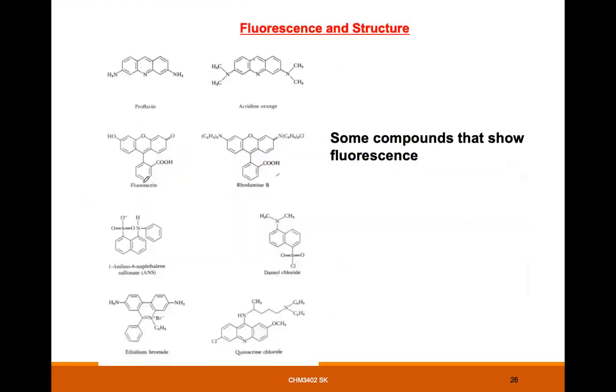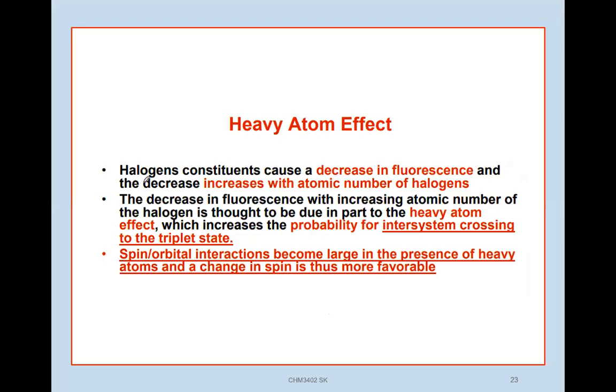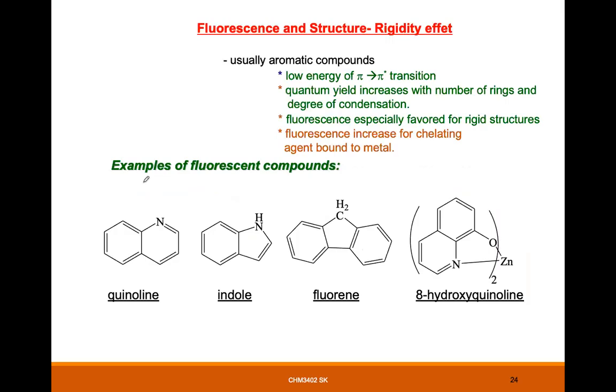So let's go back. Right, so these are examples of fluorescent compounds. You can see that commonly, those compounds that are active in fluorescence have this benzene ring. So why do we need all these double bonds?